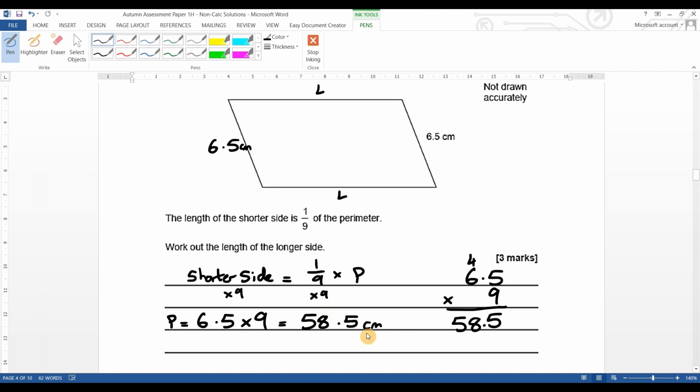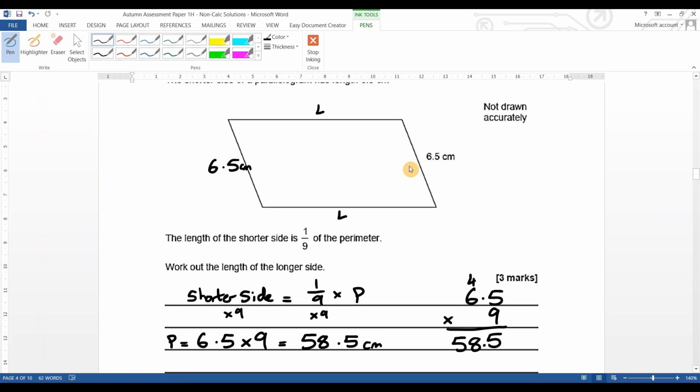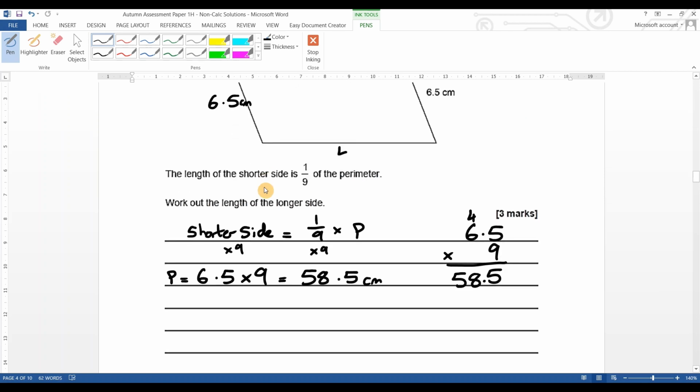Okay, so that's the perimeter. And we said perimeter is all the way around, so it's 2 L's plus these two. So P equals 2L plus 6.5 plus 6.5. We know P is now 58.5.